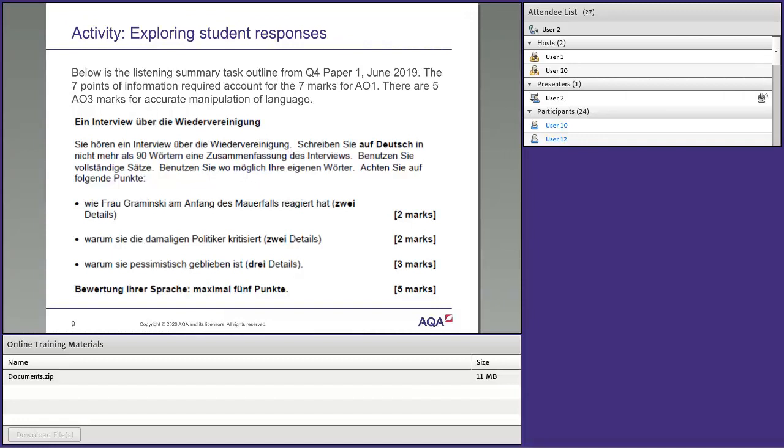Being mindful of the fact that they've only got 90 words, it's important that they realise that they need to give the number of details that it says in the actual outline. Okay, and then a reminder that at the bottom they get 5 marks for their language, their grammar, if you like.